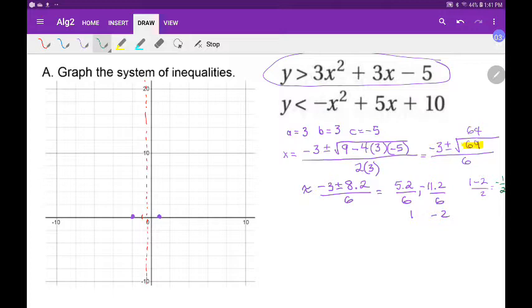And so let's see. We'll say the vertex is going to be when I'm plugging in -1/2, and I squared it. So let me just plug that in. I'll show you what I'm doing here. 1/2 squared plus 3 times -1/2, and then -5. Okay, so that's going to be 3 over 4, positive.